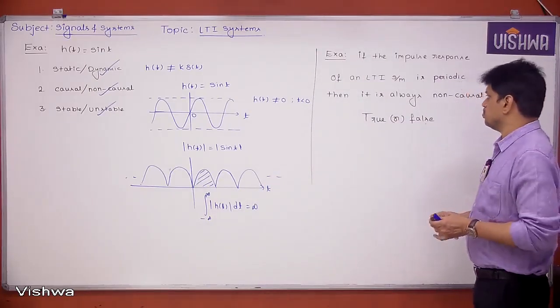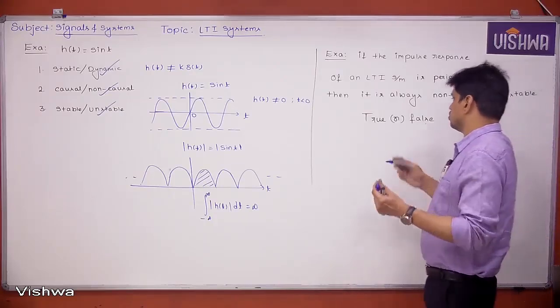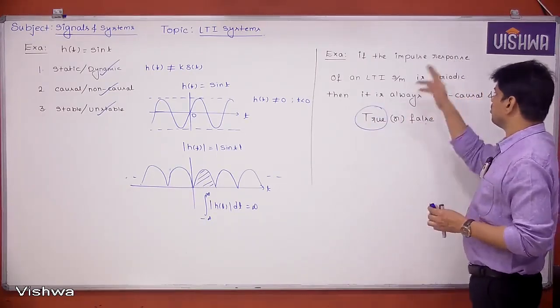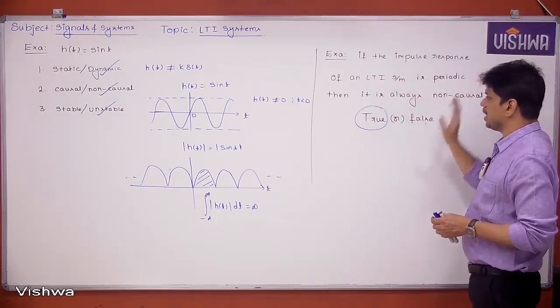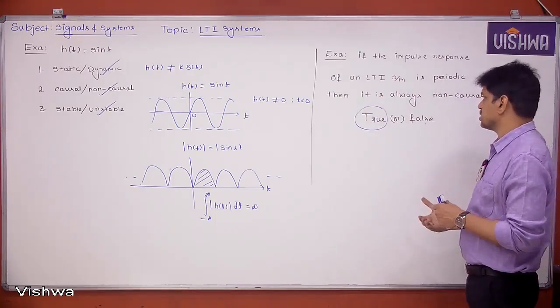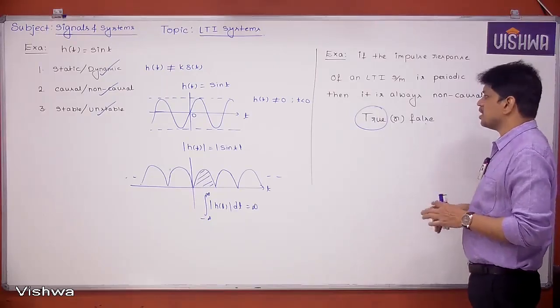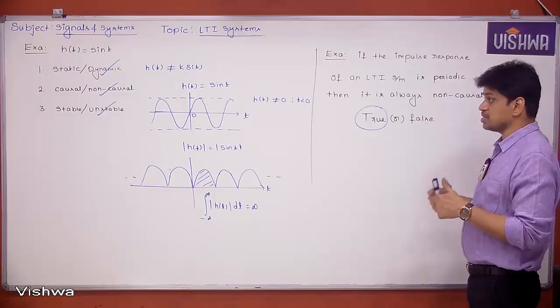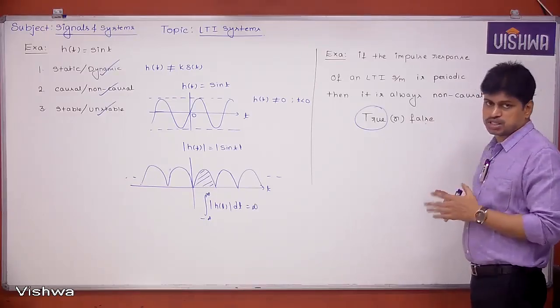It is true. It is definitely true. Why? If the impulse response of an LTI system is periodic, we have just seen one example, sin t, which is nothing but a periodic signal. If it is a periodic signal, it is definitely existing from minus infinity to plus infinity. So definitely the system becomes non-causal. That's one way.